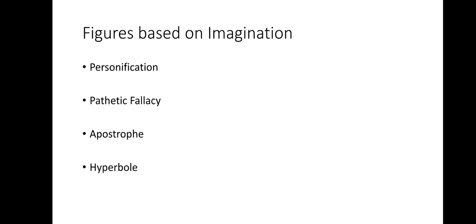Then we have hyperbole. Hyperbole is another figure of speech which expresses a thing as greater or less than it is, to create a stronger impression. To create a stronger emotion, we have read the famous poem by Wordsworth, Daffodils, where he says, "Ten thousand saw I at a glance." He has seen many daffodils there, but he could not count.